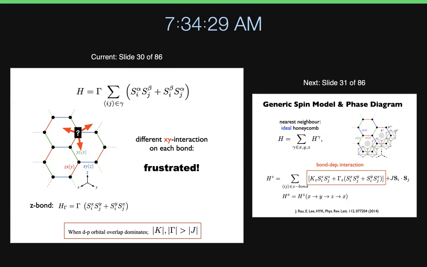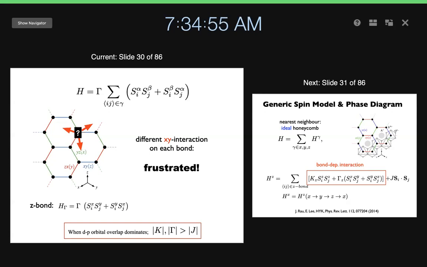So if the Kitaev interaction is a bond-dependent Ising interaction, the gamma interaction is a bond-dependent XY interaction. So it's quite frustrated, I think more frustrated than the Ising interaction. It's not an exactly solvable problem. Many people attempted and failed, including myself. It's numerically a difficult problem to check.